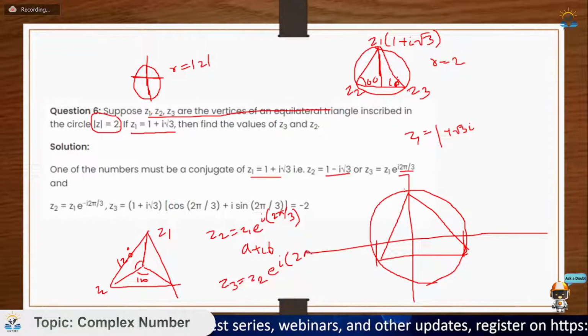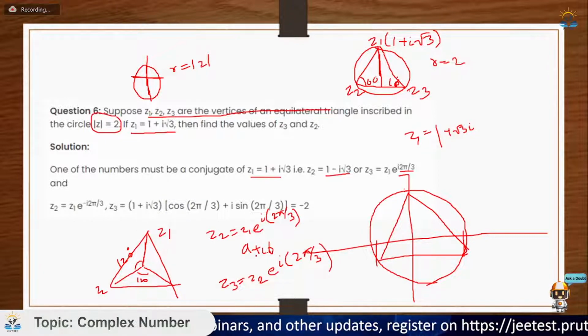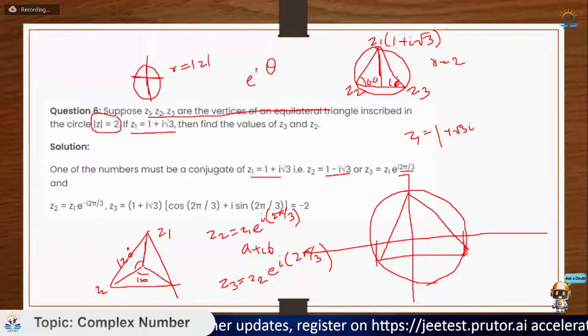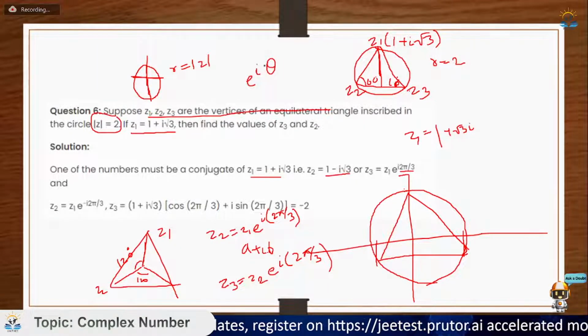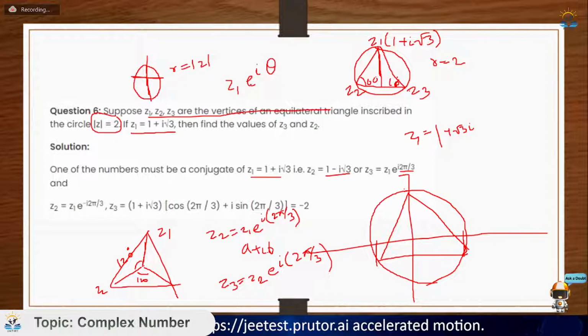This e power iota theta is known as the rotation complex number. Whenever you want to rotate a complex number by some angle theta, the new complex number is nothing but the old complex number multiplied by e power iota theta, where theta is the angle by which you want to rotate.